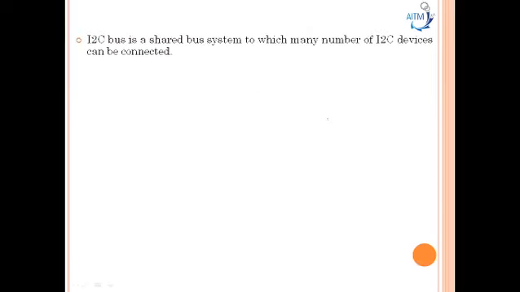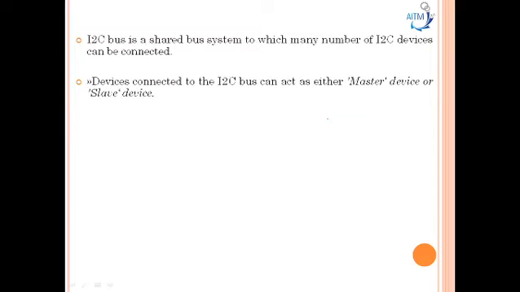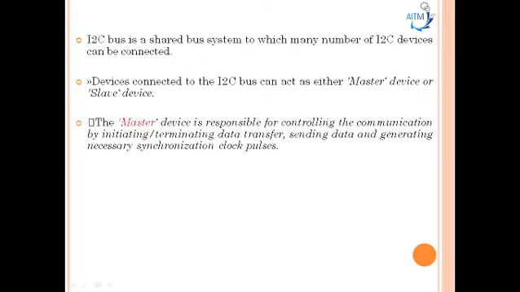The I2C bus is a shared bus system to which many I2C devices can be connected, and the devices connected to the I2C bus can act as either master device or slave device.